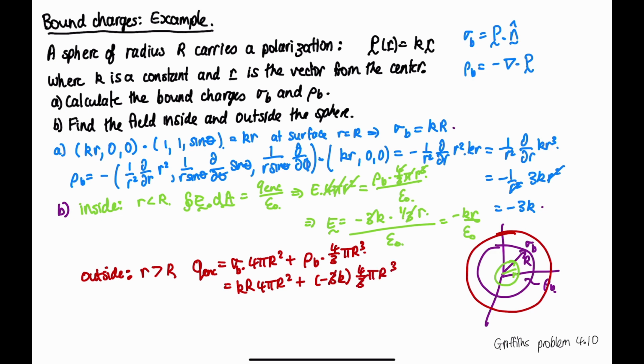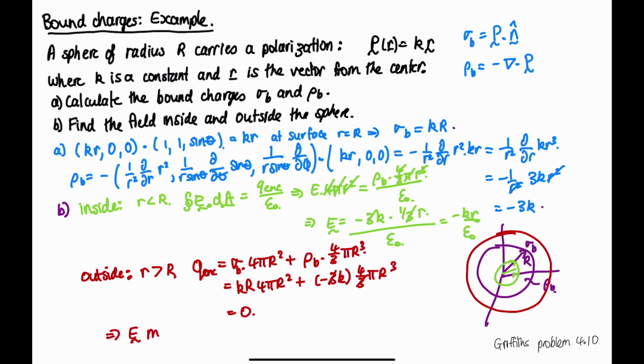Those 3's will cancel. And now you can see that these two terms are going to perfectly cancel each other out. So this is going to be equal to 0. And so when we're considering this equation here, we're going to have that this thing is equal to 0. And since the surface area is not 0 and E and dA we'd expect to be parallel, that tells us that the electric field must be 0.